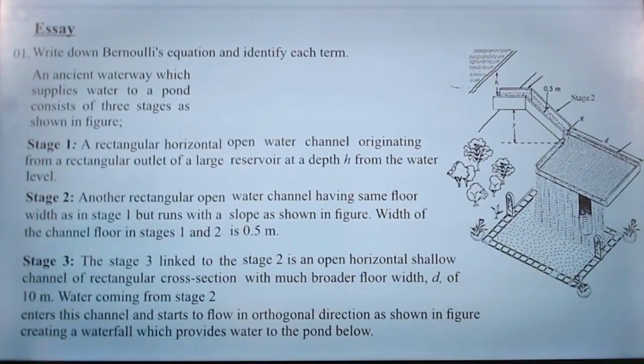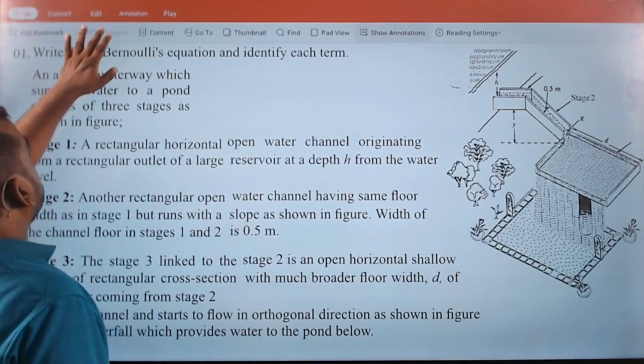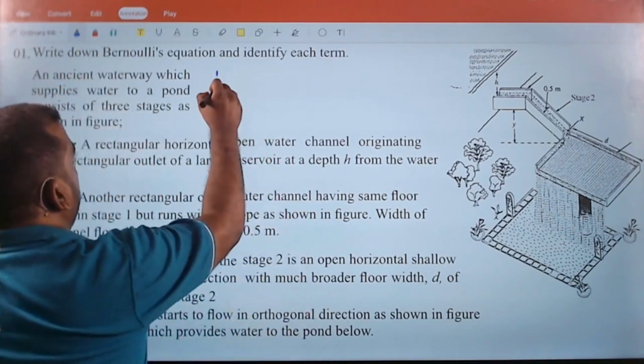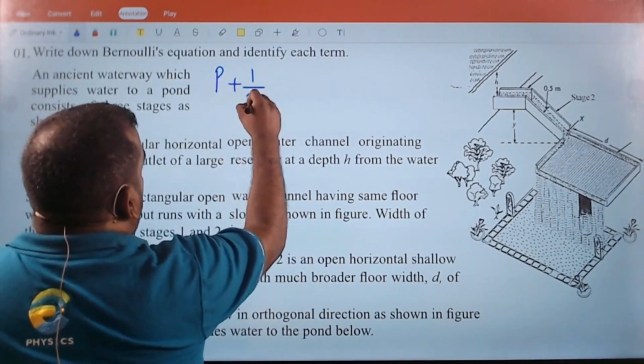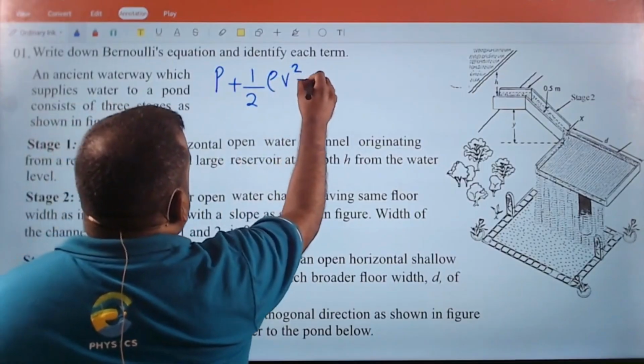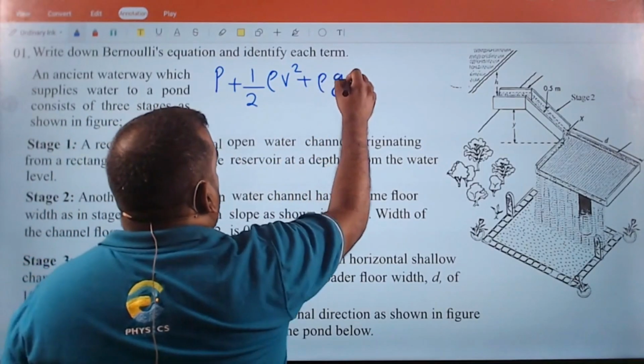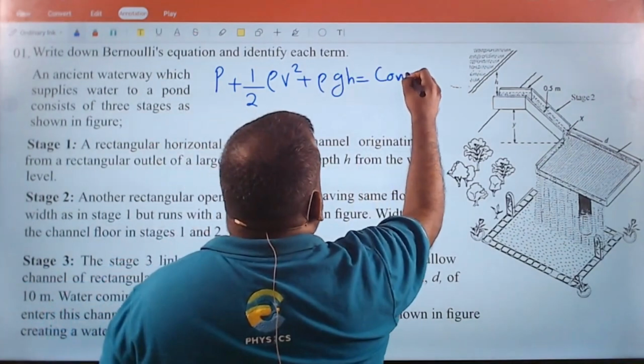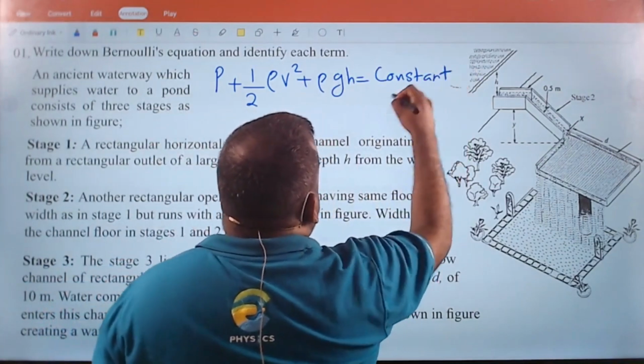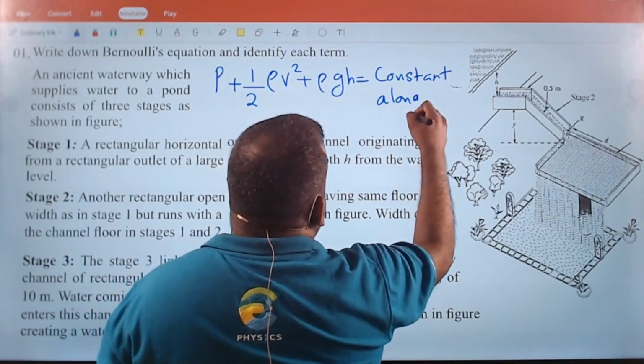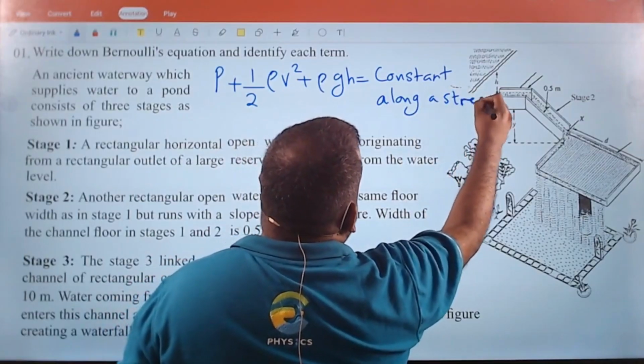Okay. Essay question. Write down Bernoulli's equation, identify each and every term. So P plus half rho V squared plus rho GH is constant along a streamline.